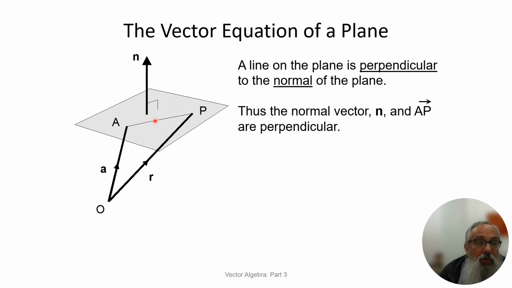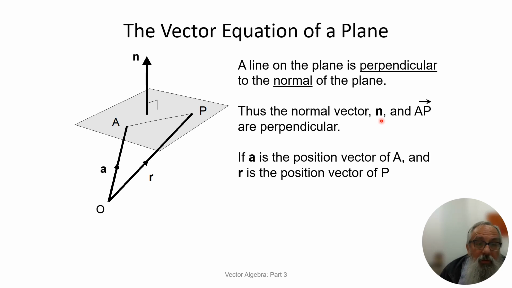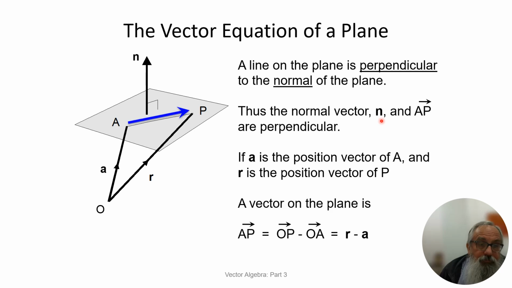So two things: we've got one line in the plane, AP, and one normal to the plane. Our AP is written R minus A.